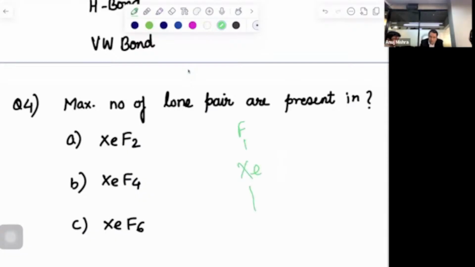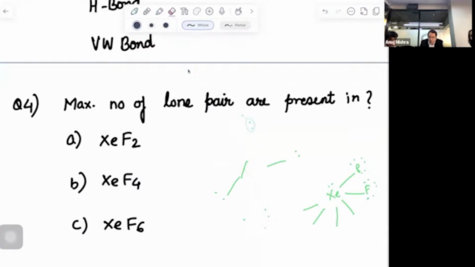What's the total lone pair? Have I written lone pair around xenon? ये भी तो lone pairs ही हैं. In XeF6, how many will be there? Two. You get the point? One lone pair इधर है, and each fluorine will have 3 lone pairs, no? 20. You get the point? No, 19.